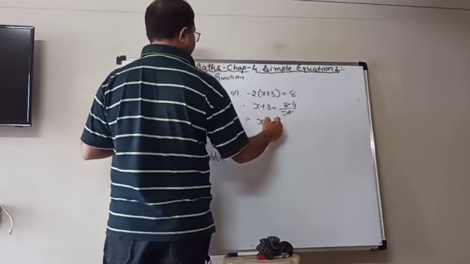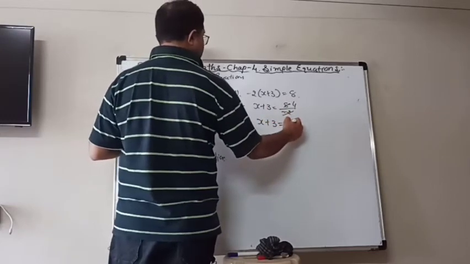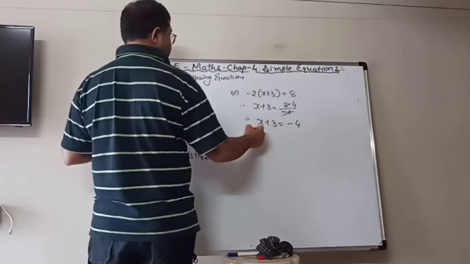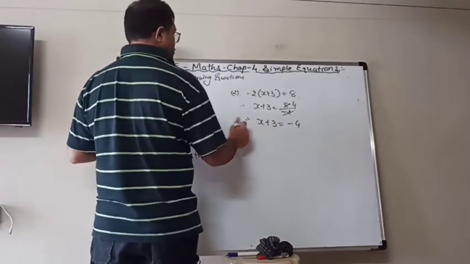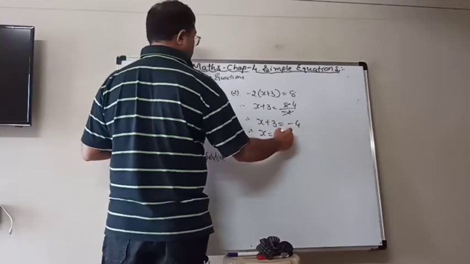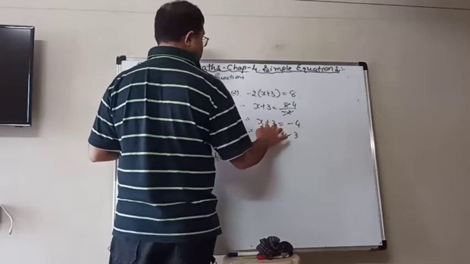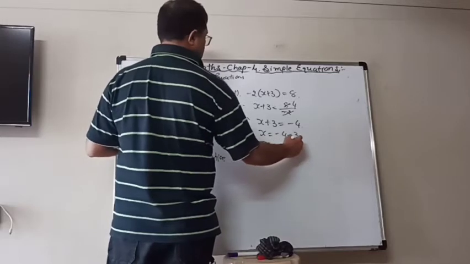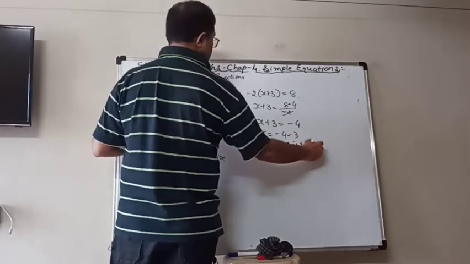Therefore x plus 3, minus sign will remain there, is minus 4. Now plus 3 will transpose, so it will become minus 4 minus 3 because of transposing. So x is equal to minus 7 is the solution.